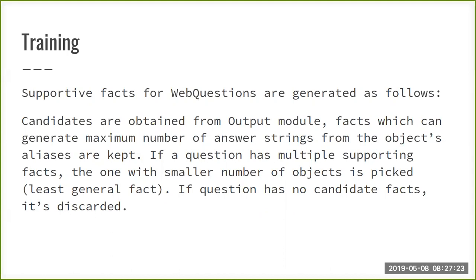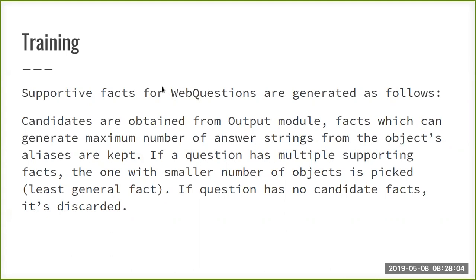So the way they would do it is they would use this candidate selection, same thing as they would select candidates for the outputs. So they would do the embedding of the question, then they would generate the candidates, then they would look through all the candidates, and they would keep those that can generate the most of the answer strings that are originally provided with the WebQuestions dataset.